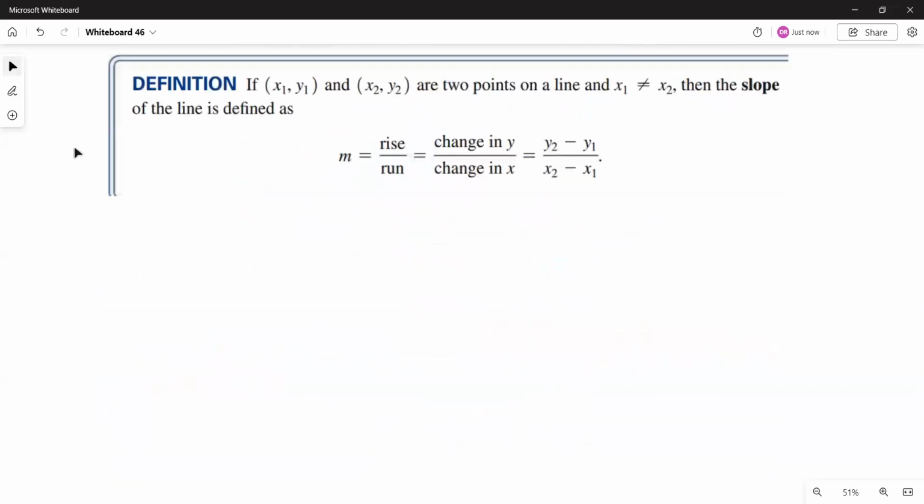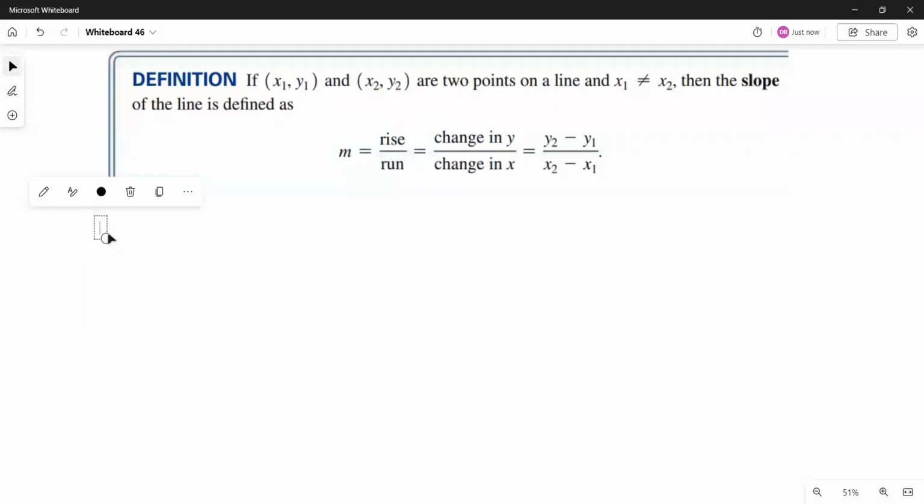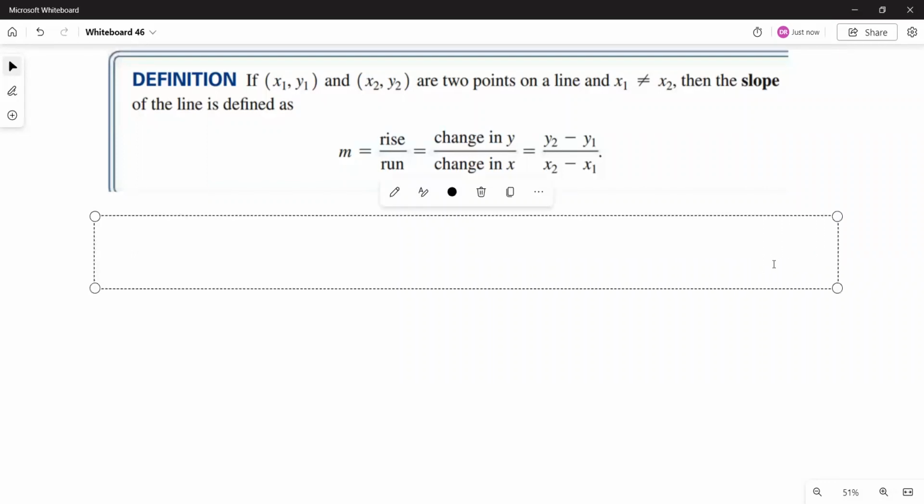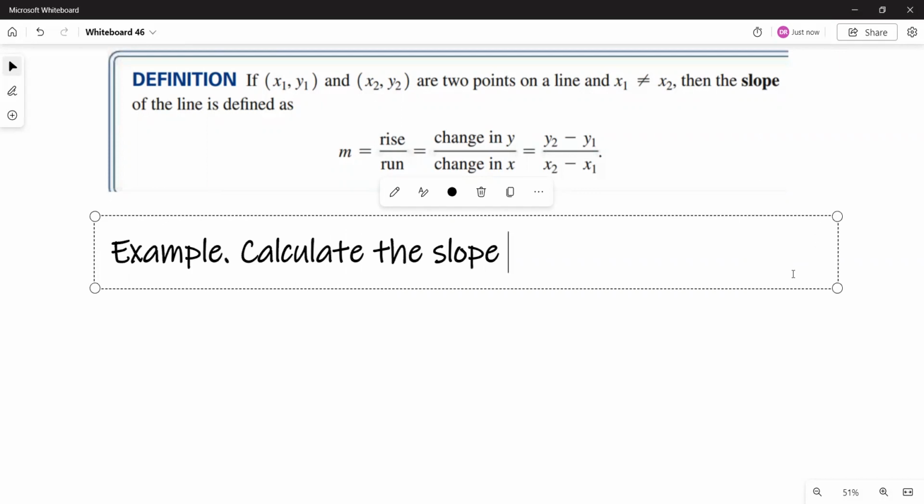In this example, we're going to calculate the slope of the line that contains the points.